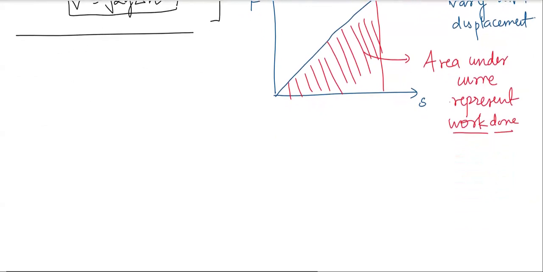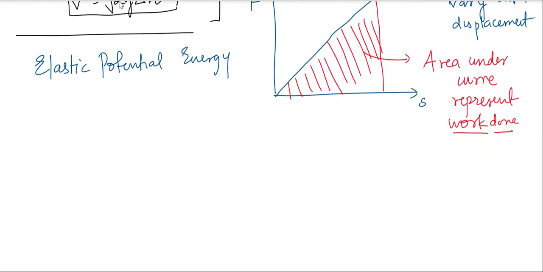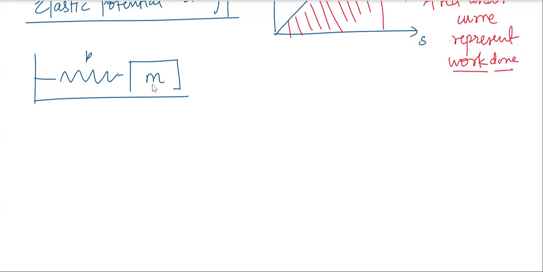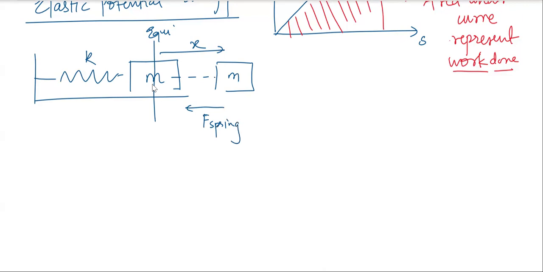A great example of this is elastic potential energy. So let's take a quick example of what we have learned in Hooke's law. This is mass m, with spring constant k, at the equilibrium position. If I pull this mass to the right and make a displacement x from the equilibrium, the block will experience a force towards the equilibrium.